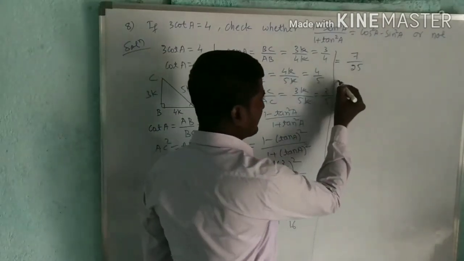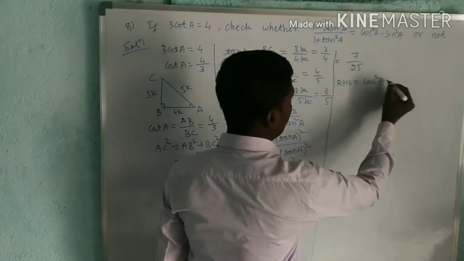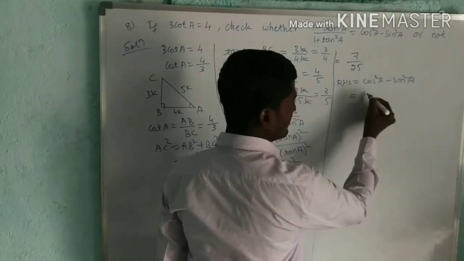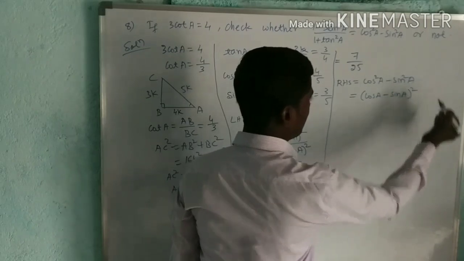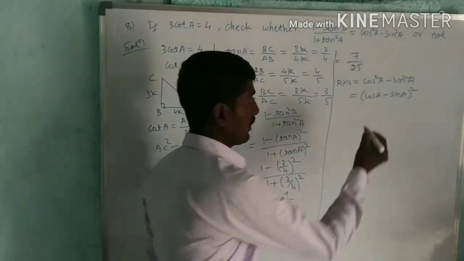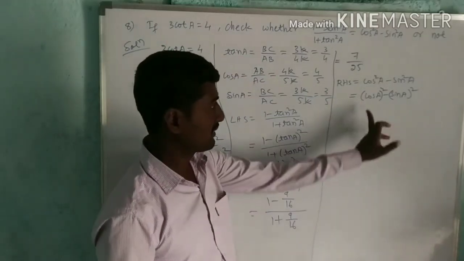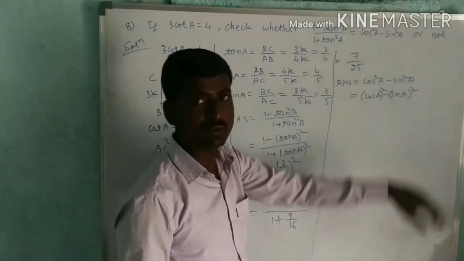Now go for RHS. RHS is equal to cos square A minus sin square A. Now this can be done as cos A minus sin A whole square. Sorry, I cannot write a whole square, okay? Cos A square minus sin A square.